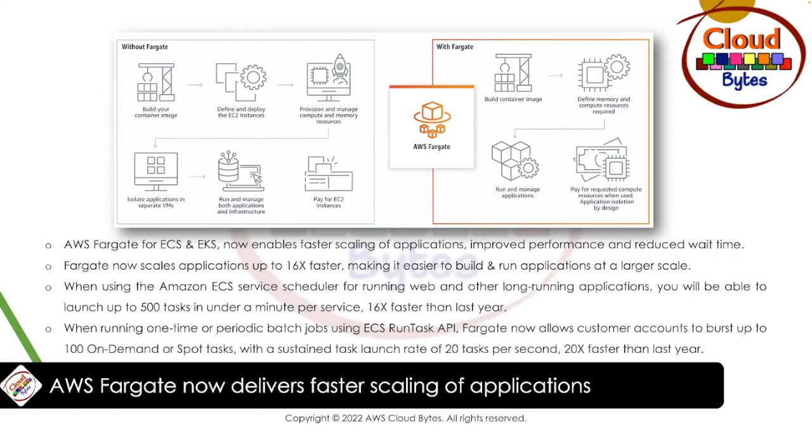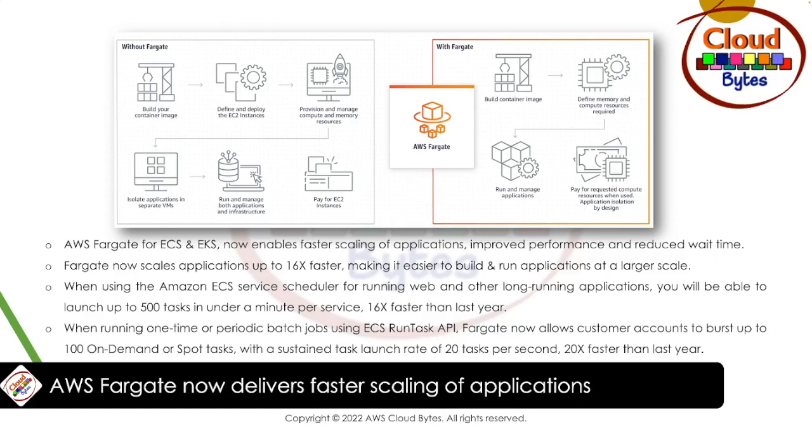AWS Fargate, the serverless compute engine of Amazon Elastic Container Service, or ECS, and Amazon Elastic Kubernetes Service, or EKS, now enables customers to scale applications faster, improving performance and reducing wait time. Fargate now scales applications up to 16 times faster, making it easier to build and run applications at a larger scale on Fargate.